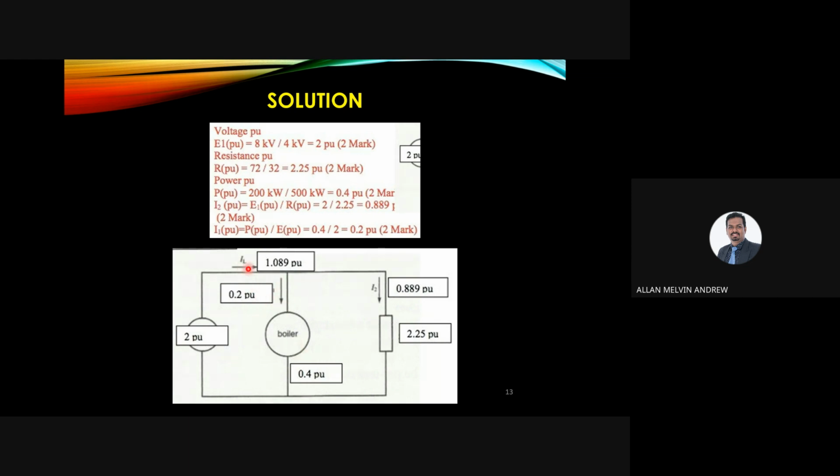And then I. I is a bit tricky because you have 2 currents. First you need to calculate for this one, taking directly from here. So current division: E1 is 2 pu divided by R, which is 2.25, or Z. So you get 0.889 pu for this. Then for this part, you're taking based on power.